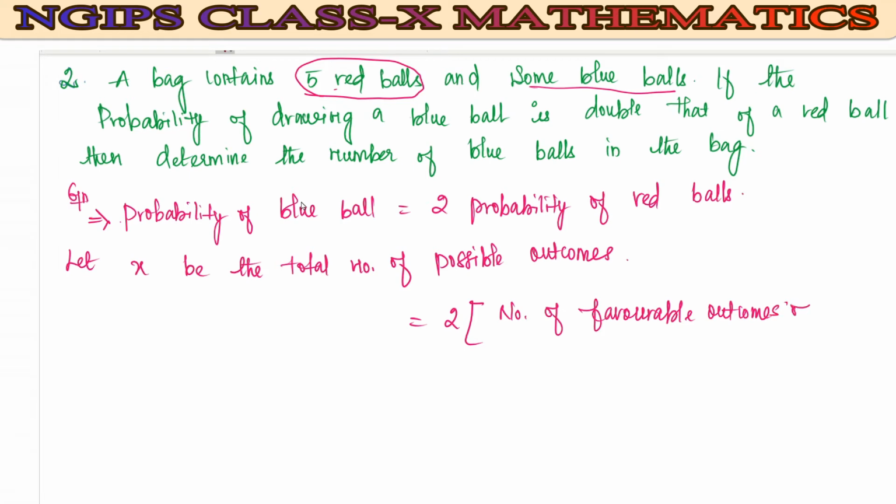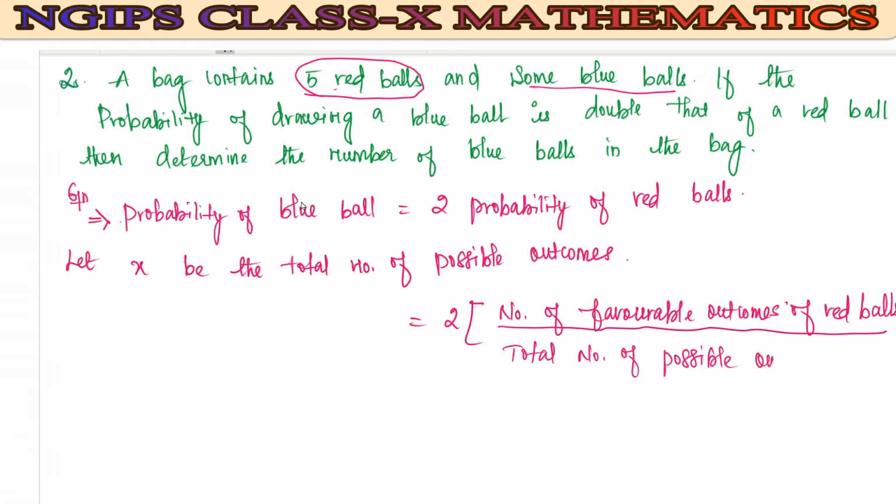of red balls divided by total number of possible outcomes. So for this condition we need to take the blue balls, right?